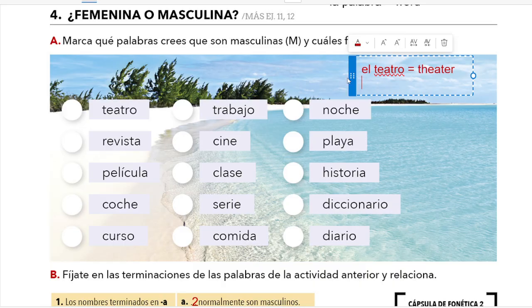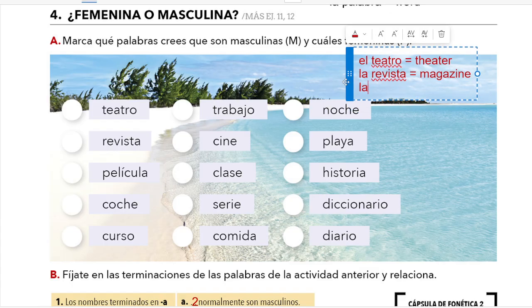Okay. Next word is revista. La revista, which means a magazine. Next one is película. So película is feminine, ending in A. Película is a film.